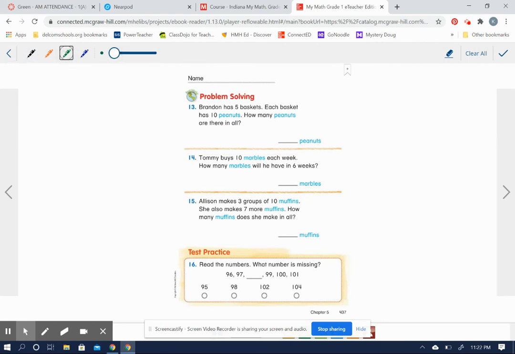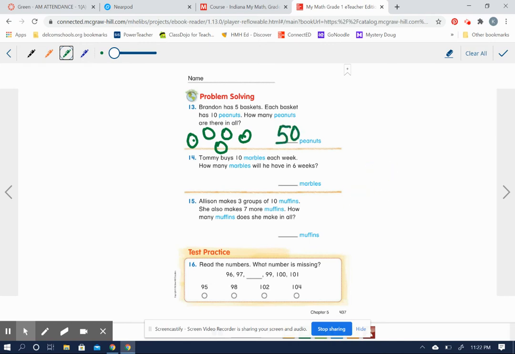Okay, you could have 5 baskets. 1, 2, 3, 4, 5. And then if there are 10 peanuts in each one, count by tens. 10, 20, 30, 40, 50. That would be 50 peanuts, wouldn't it?